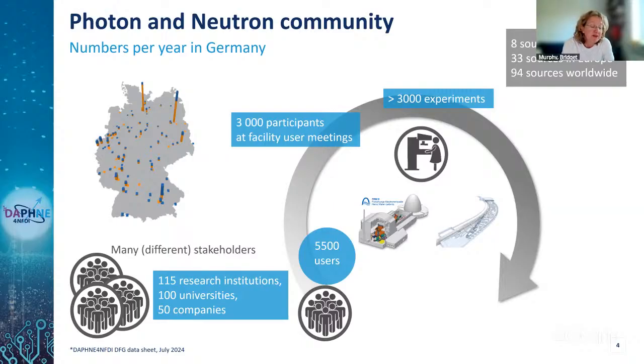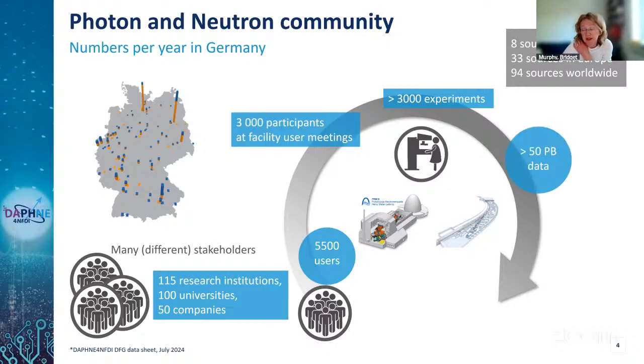And before DAPHNE4NFDI, the research data management was mainly the responsibility of the users. And now what we try to do is to use our key position at the large-scale facilities to make tools available for the users and also to inform scientists who are coming to the user meetings. And we bring all the organizations together that are representing the users and the facilities.